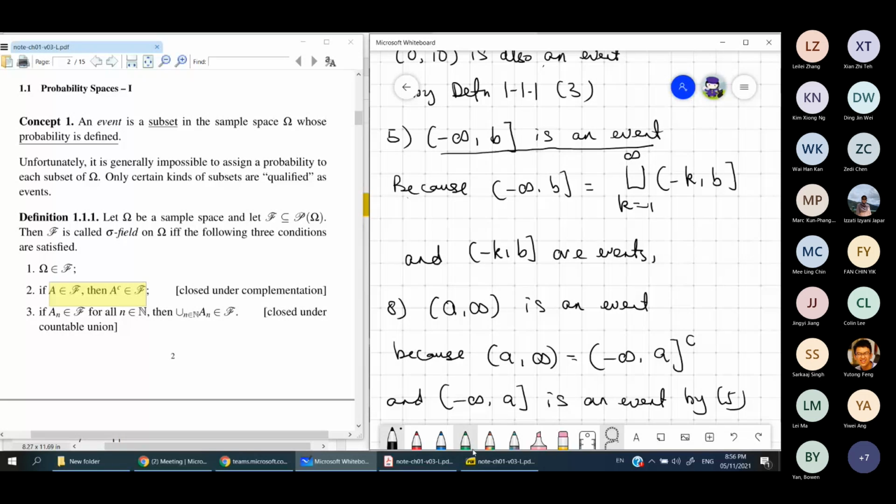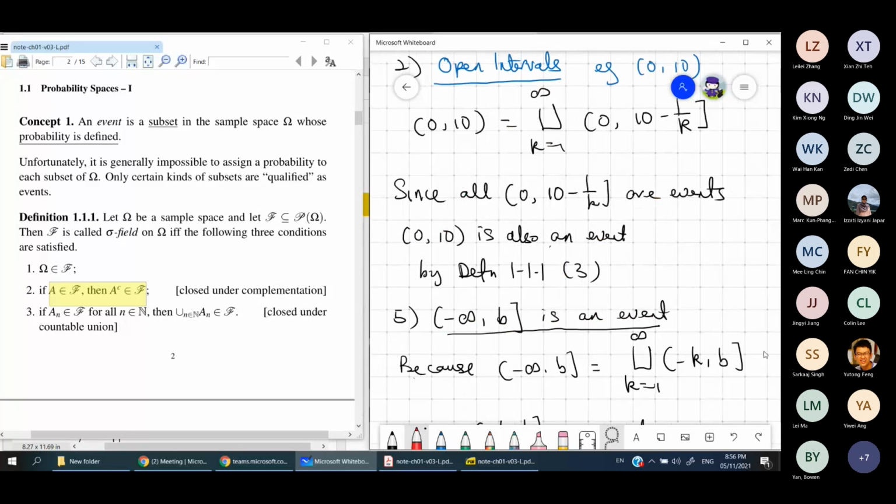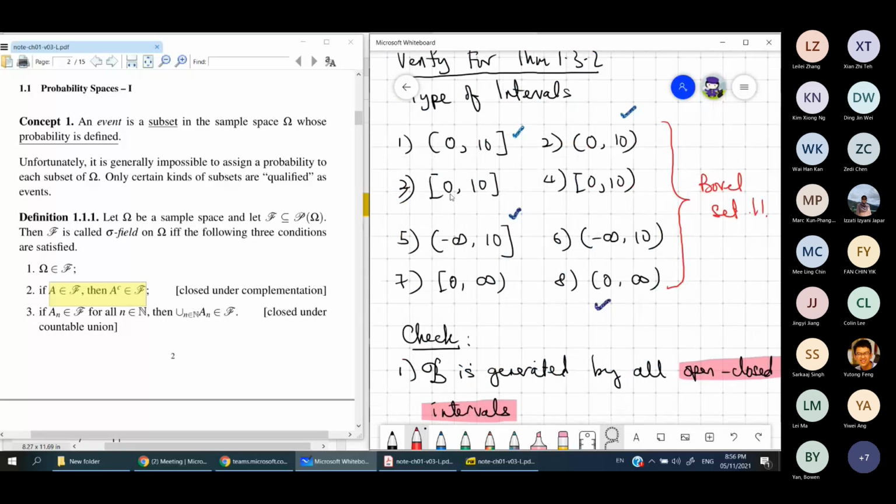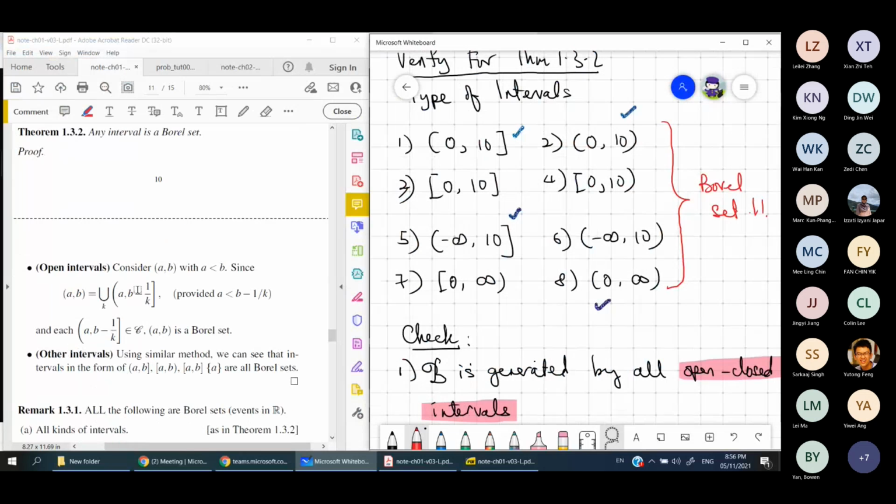So using this way, we do it step by step. We can also see this is an event. So you can use 2 and 3 and also the previous results to show that all these kinds of intervals are events. We can do it without any issue. So you do it one by one.